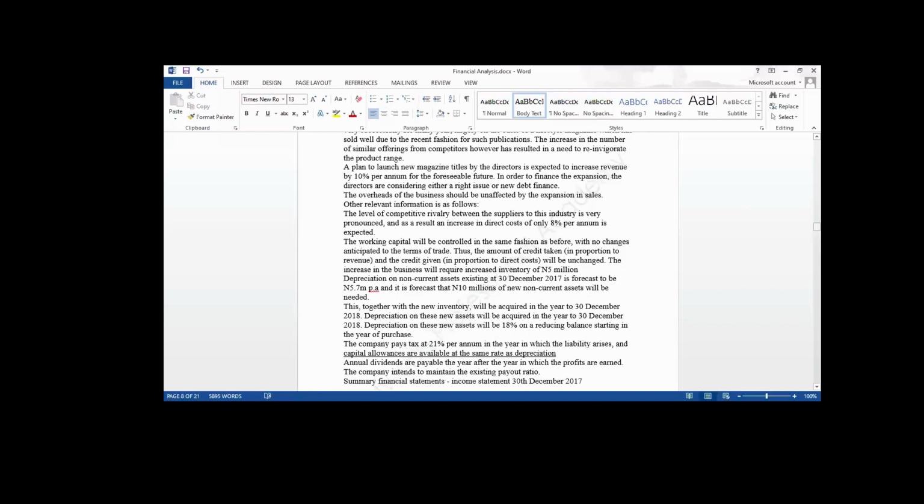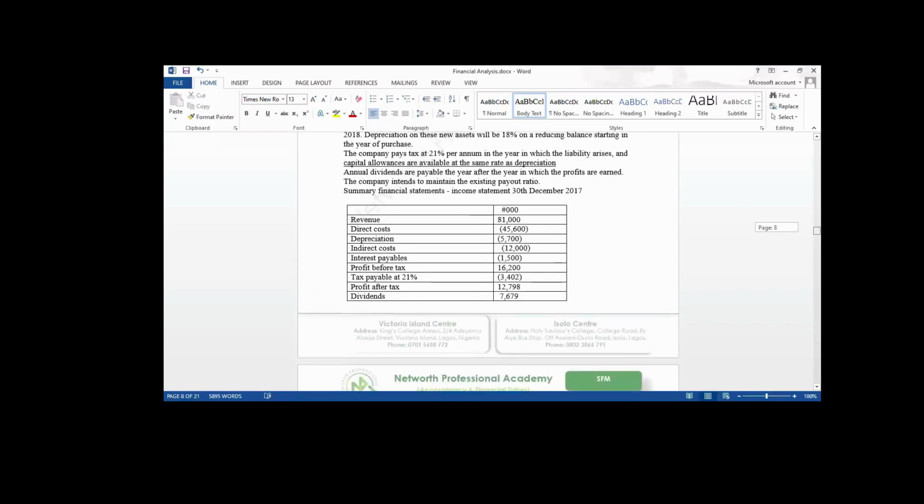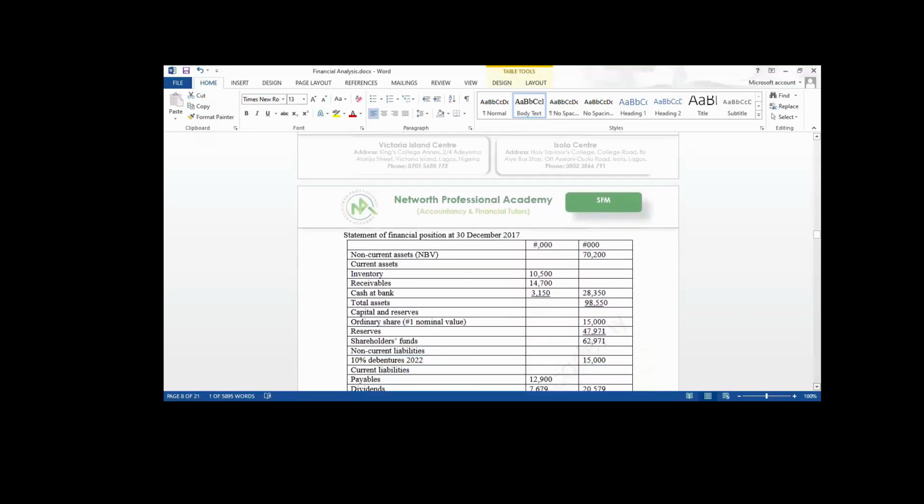Let's look at it. In 2017, look at the 2017 income statement. Indirect cost was 12,000. The examiner says the overhead cost will not be affected. That means in 2018, indirect cost will still remain 12,000.